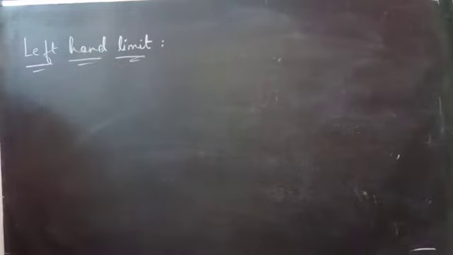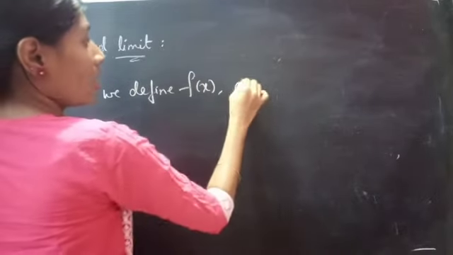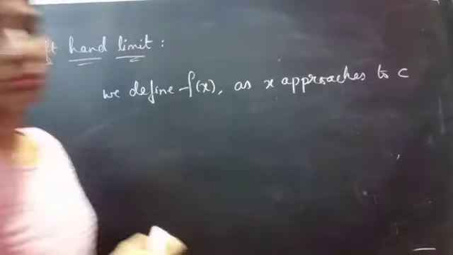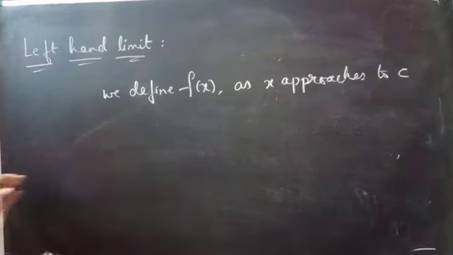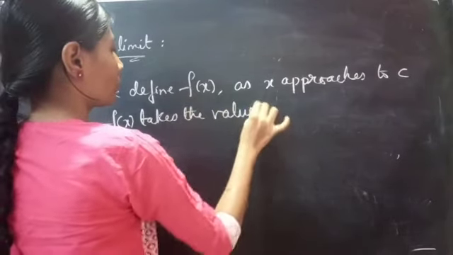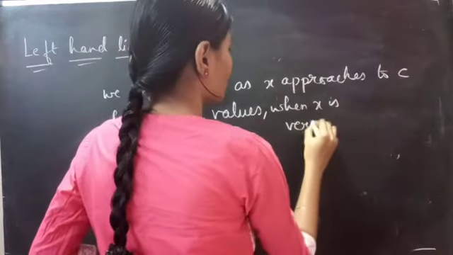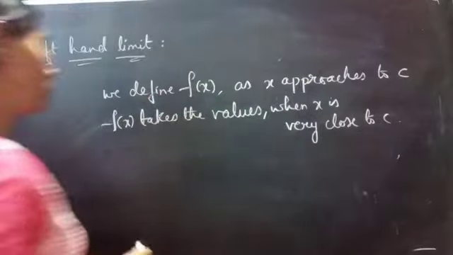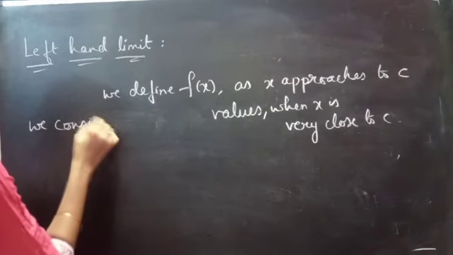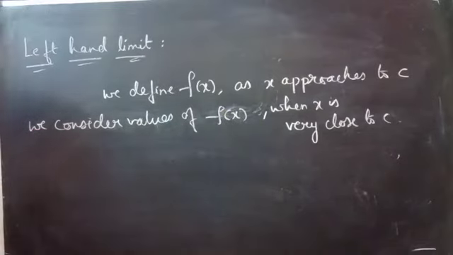Before going to this, we know that we define f of x as x approaches some fixed number C or A. So we can say that f of x takes the values when x is very close to C. We consider values of f of x when x is very close to C.